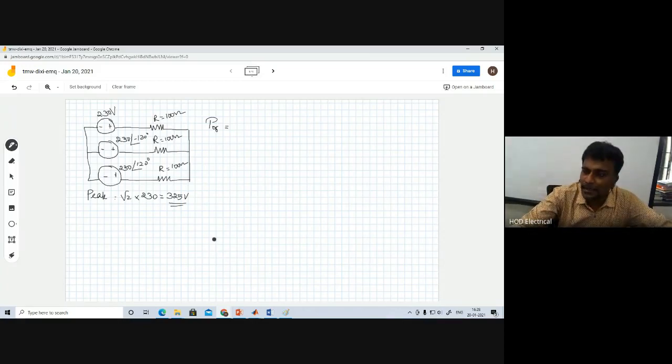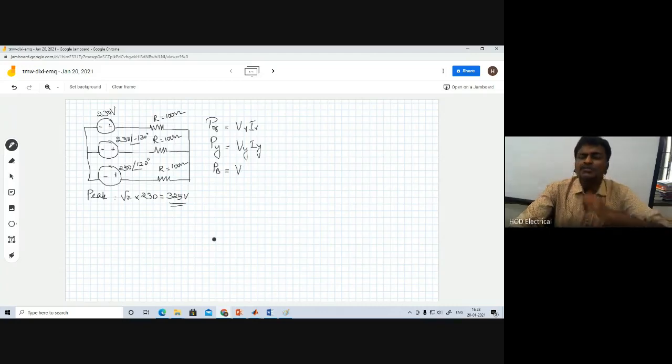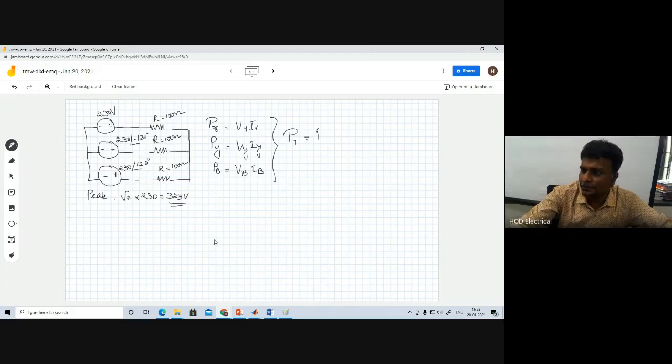For the R phase we can write VR into IR current, then for the Y phase VY into IY current, then for the B phase VB into IB. So the total net power is PR plus PY plus PB, that is VR IR plus VY IY plus VB into IB.